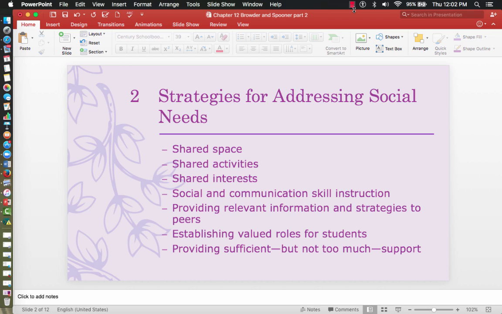We also need to look at giving them social and communication skills instruction. It doesn't necessarily come easily to students with these kinds of issues. And so it's really important that we look at how we go about doing that. And we want to provide really good strategies to their peers.